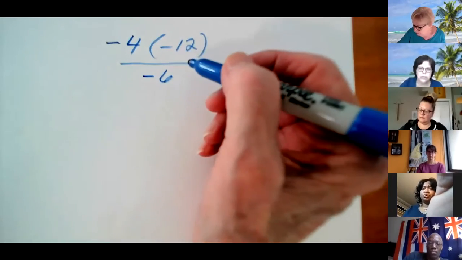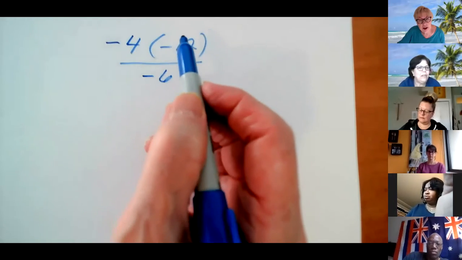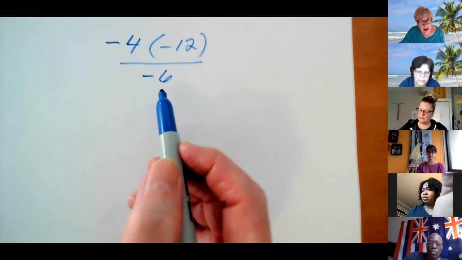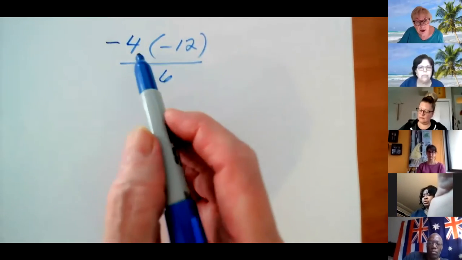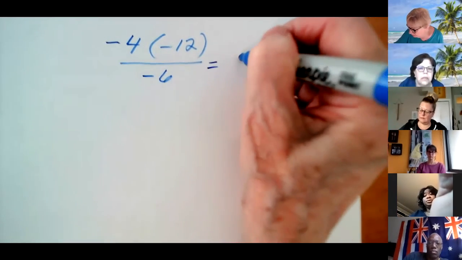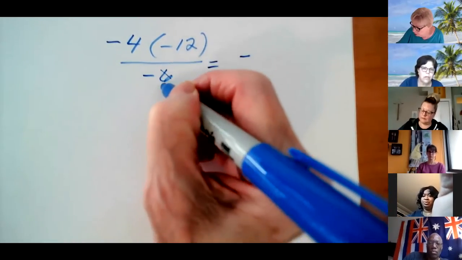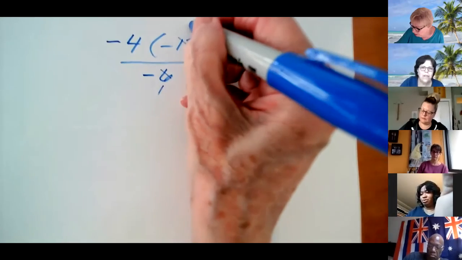Now, you can do it piecemeal and do these 2 first, and that gives you positive, and then divide by this, and that would give you negative. The truth is 1, 2, 3 negatives will make the answer negative. And I'm going to cancel the 6 into the 12 just because it's there.